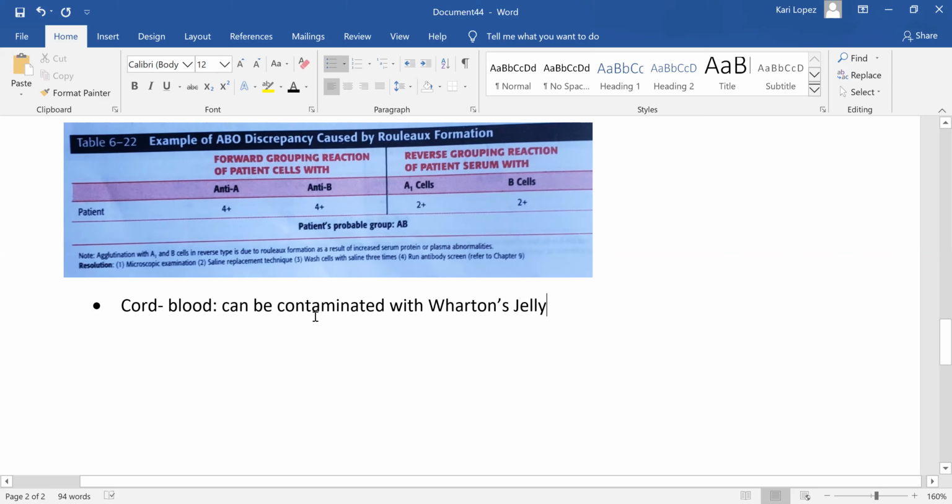And that can be contaminated with Wharton's jelly, which is a mucousy substance. It's a jelly tissue in the cord blood of babies.